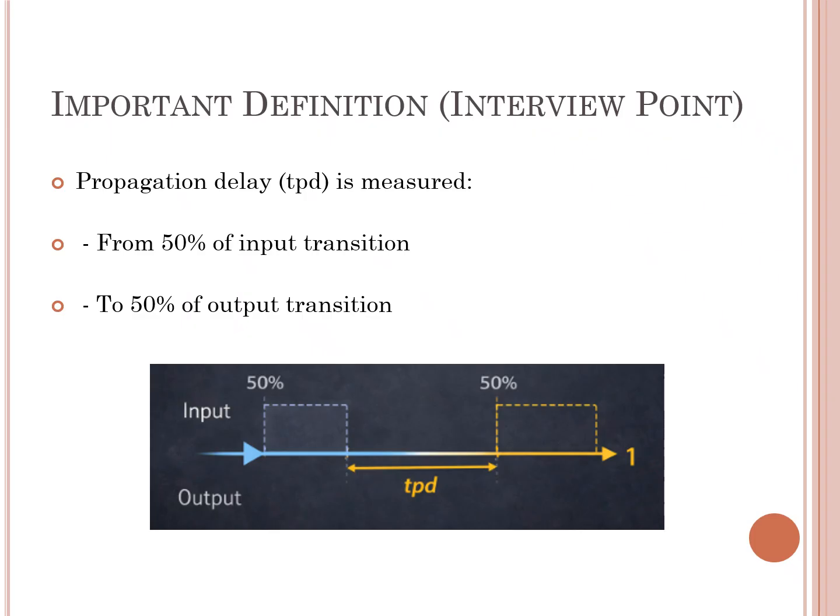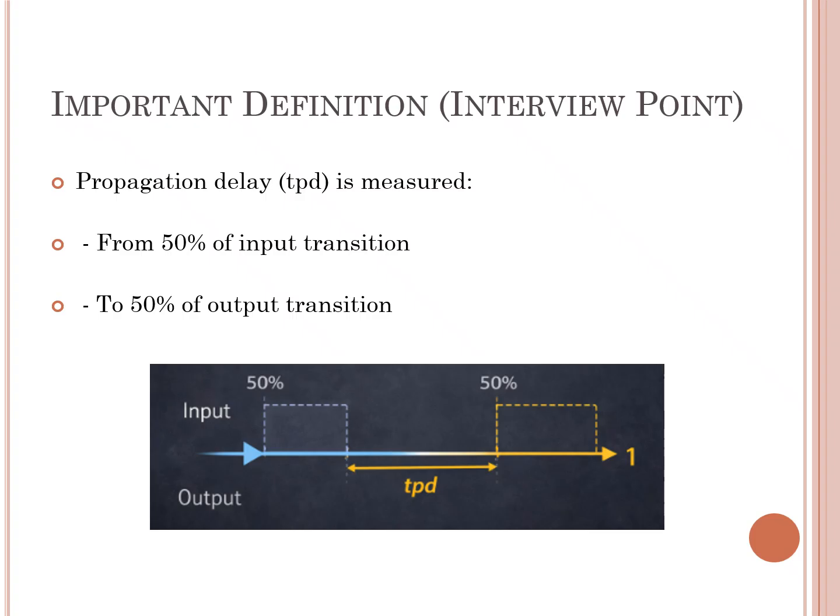We use the 50% point because signal transitions are not perfectly sharp. They rise and fall gradually. 50% represents the midpoint of switching. So it gives a consistent and accurate measurement. Let's look at the waveform. The blue part is the input signal rising from 0 to 1, and the yellow part is the output signal changing after some delay.